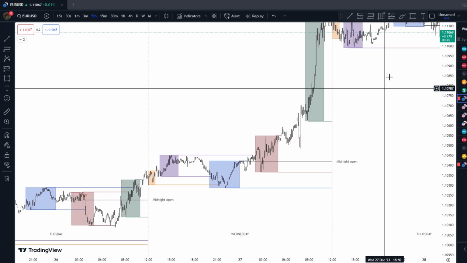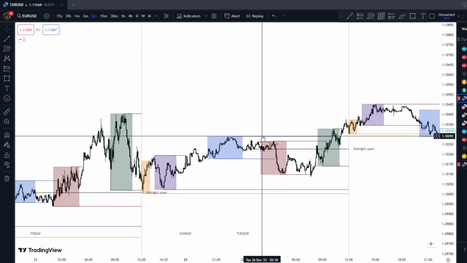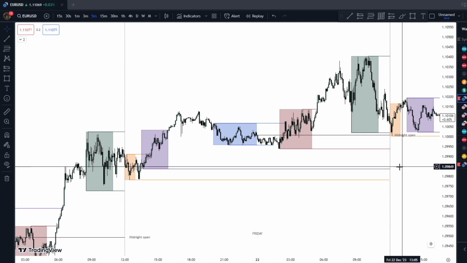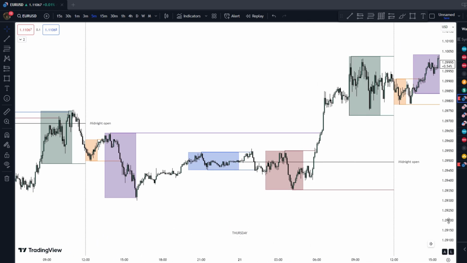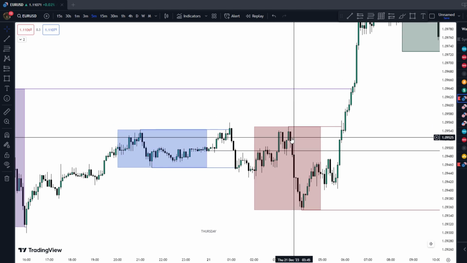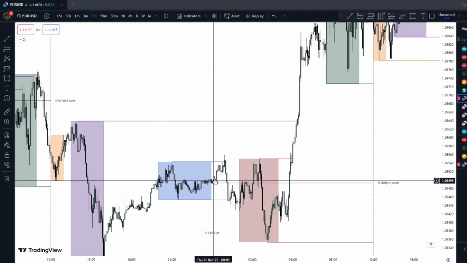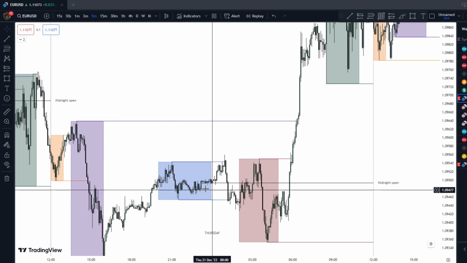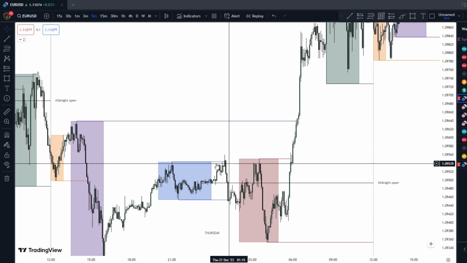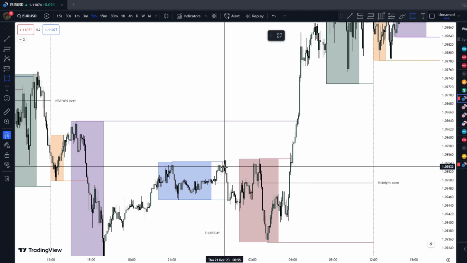I think you guys know what I explained now. So in this situation, look at this. Before London opened, we took out Asian high right here. So this is a protected high, this is protected buy side liquidity here.